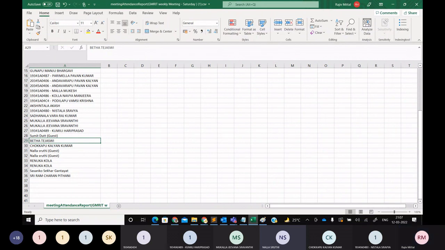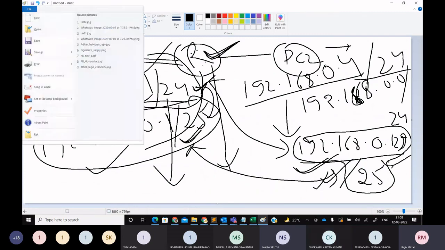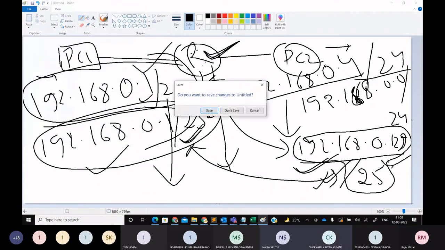Betha Tejasvi. Tejasvi, you are there? No? Kalyan Kumar? Yes, sir. So, Kalyan, have you understood this concept which we have just discussed so far? Yes, sir. I understood.